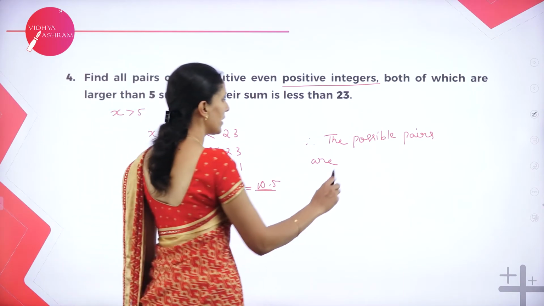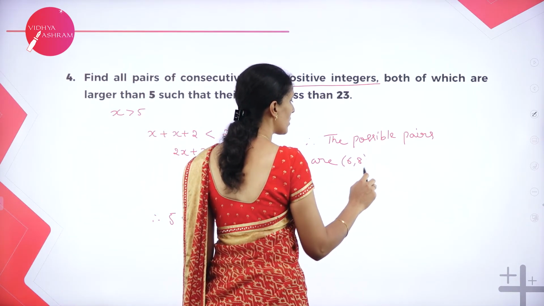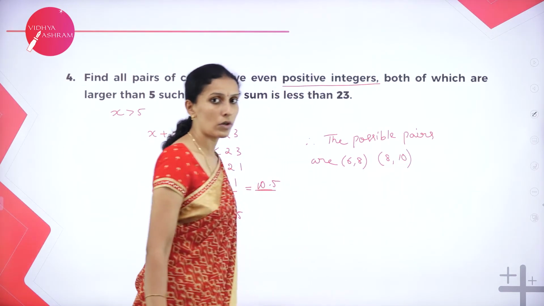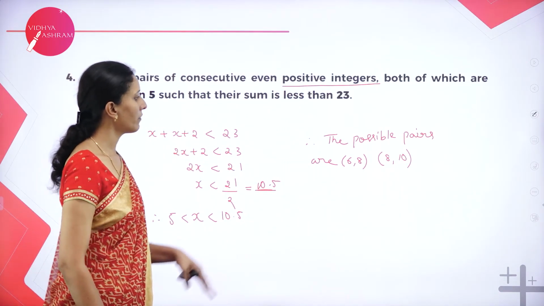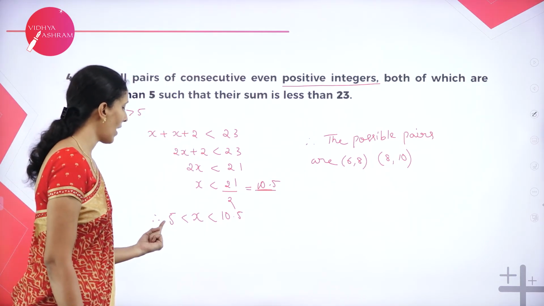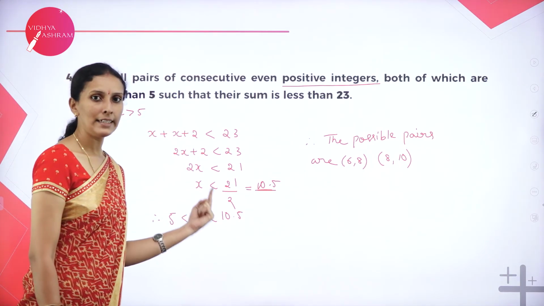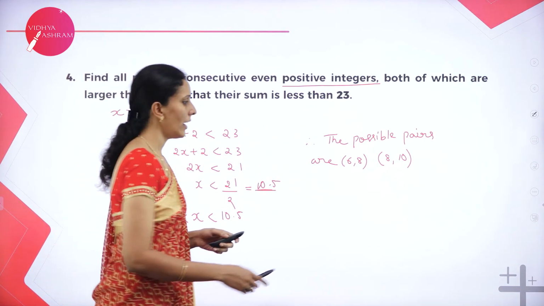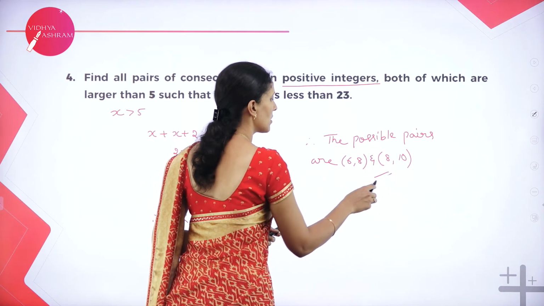So if it is 6, then it can be 8. If it is 8, then it can be 10. So this is the only possibility so that their sum will be less than 23. So clearly here x can take the values 6 and 8. So the possible pairs can be only 6, 8 and 8, 10 here. So this is the answer.